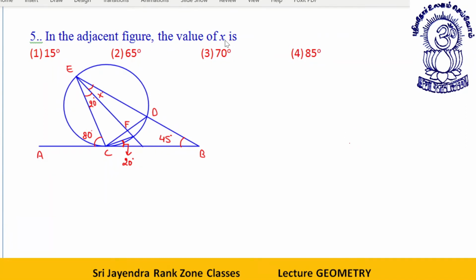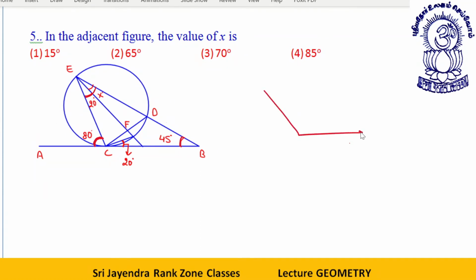You have to find the value of x in the following figure. See students, this angle is given to you as 80 degrees. Okay, this exterior angle is equal to the sum of these two angles.